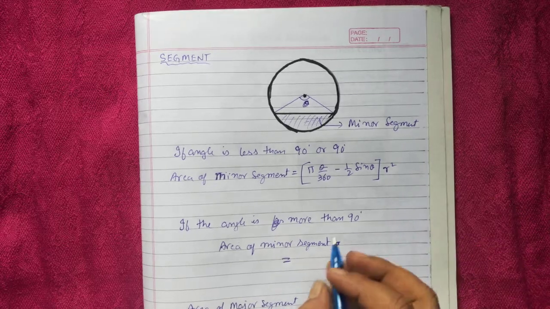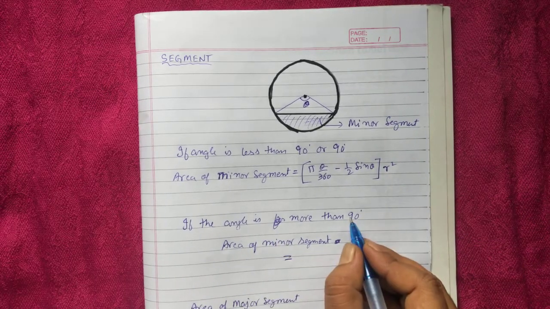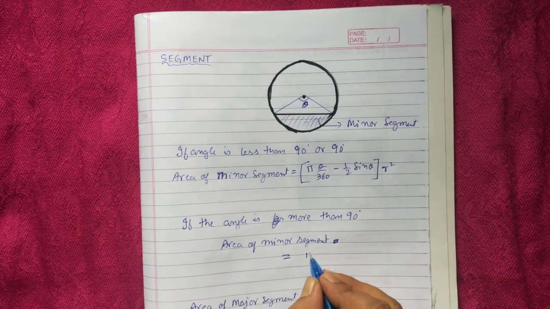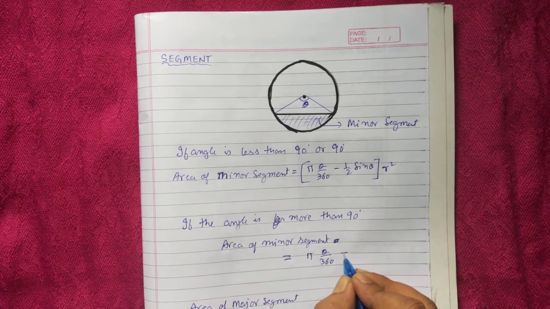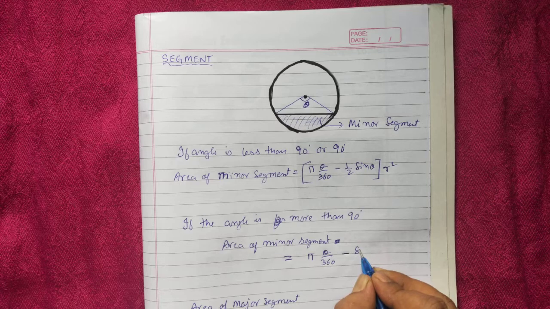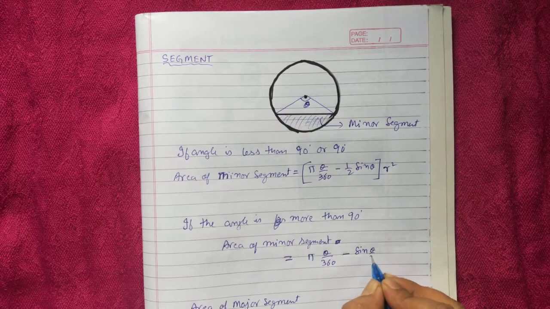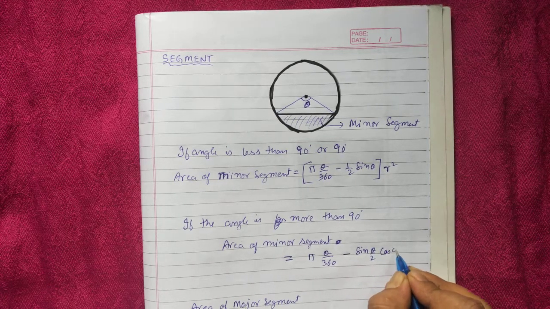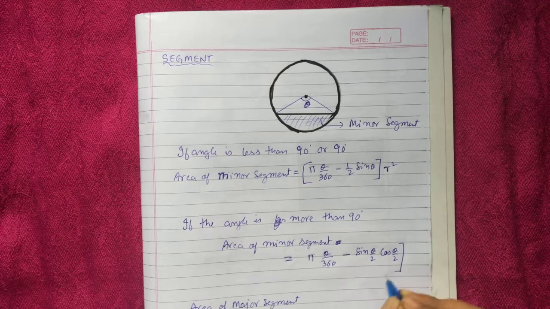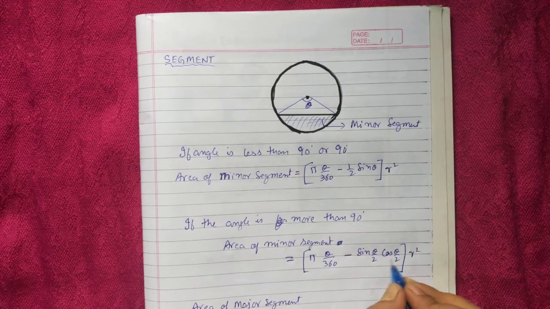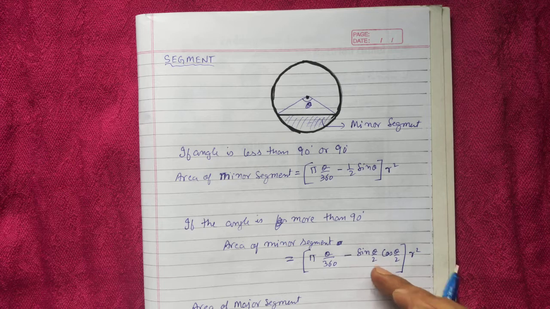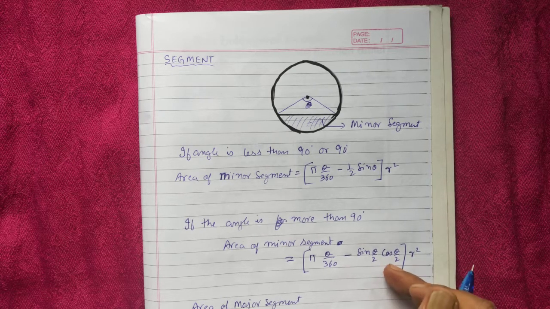Clear? And if the angle is more than 90, then we can use pi theta by 360 minus, we divide the angle, sine theta by 2, cos theta by 2, and outside is r square. This sine theta, cos theta, you just have to put the value. When you do trigonometry, you will come to know, and if you have done trigonometry, it's very easy to put the value.